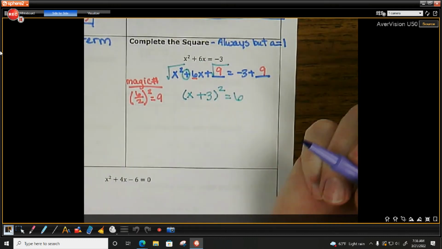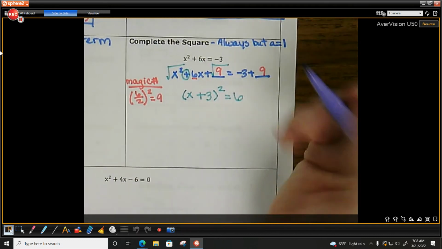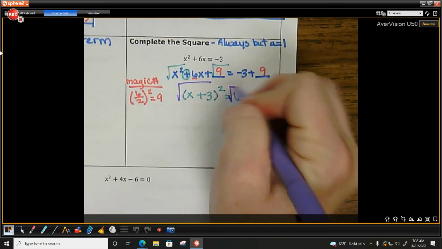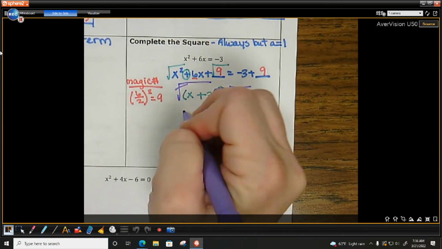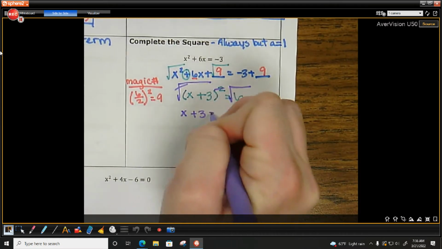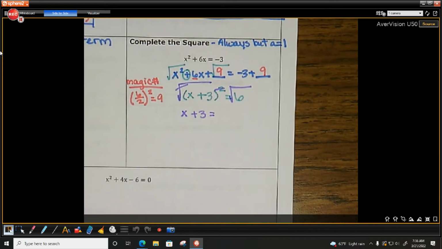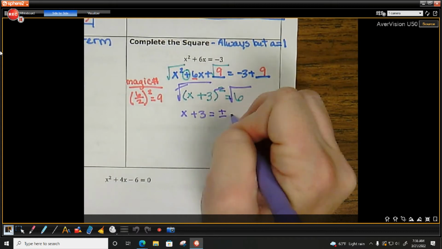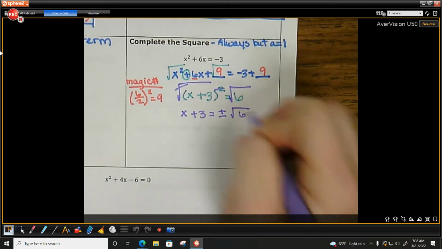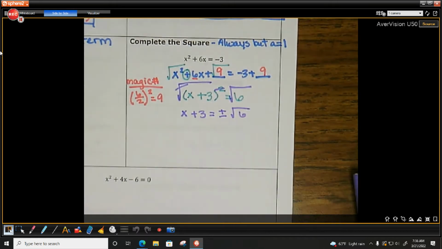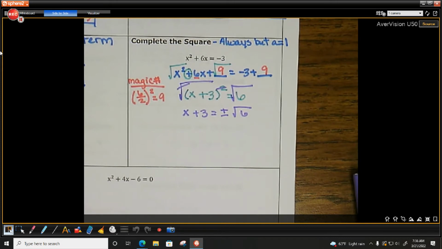What undoes a square? Square root, both sides. My square root and my square cancel each other out, so I'm left with x plus 3 equals. What do you have to put out in front? Plus minus square root of 6. I want x by itself.